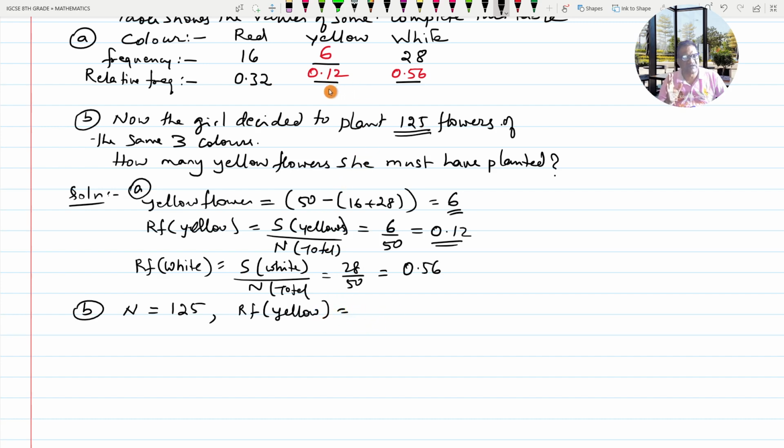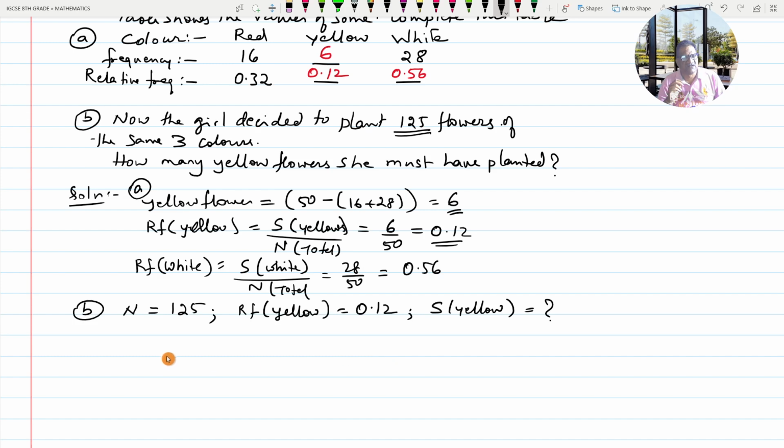So how much we got relative frequency for yellow flowers in the case of 50 flowers, when 50 flowers are counted, it was 0.12. So now also it will be 0.12 only. But now the total number of flowers has become 125. And now they have asked you what is the number of yellow flowers. Okay. So that means they have asked you what is S yellow. So how many yellow flowers have been planted?